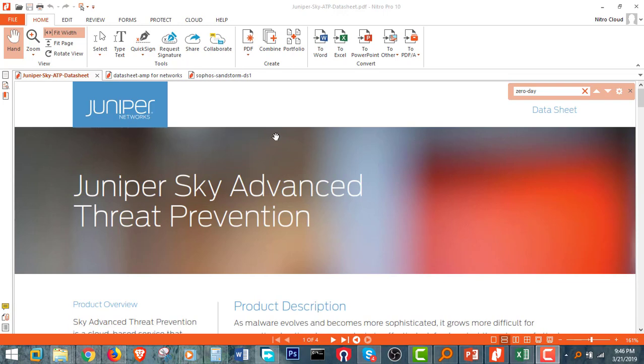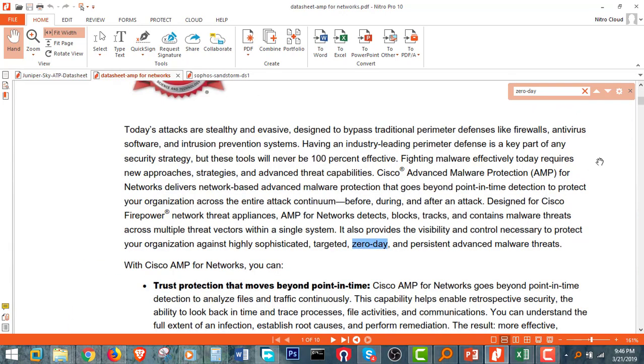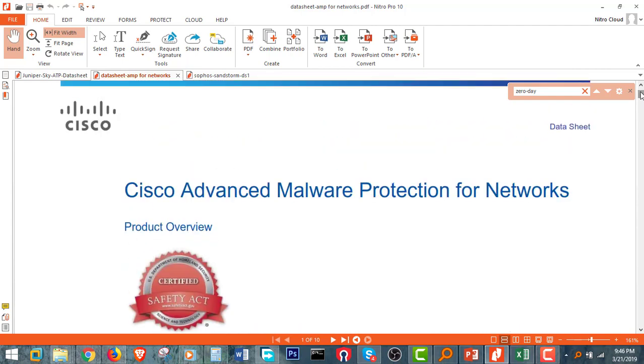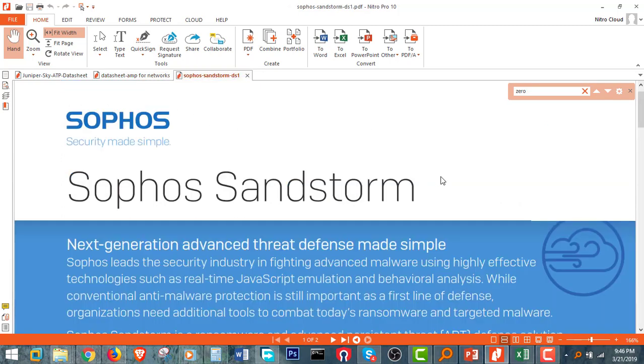The first one is from Juniper Networks, which is Juniper Sky Advanced Threat Prevention, also known as Sky ATP. The next will be Cisco AMP for Networks, which is Cisco Advanced Malware Protection for Networks. And the last one will be Sophos Sandstorm, which is a product from Sophos.